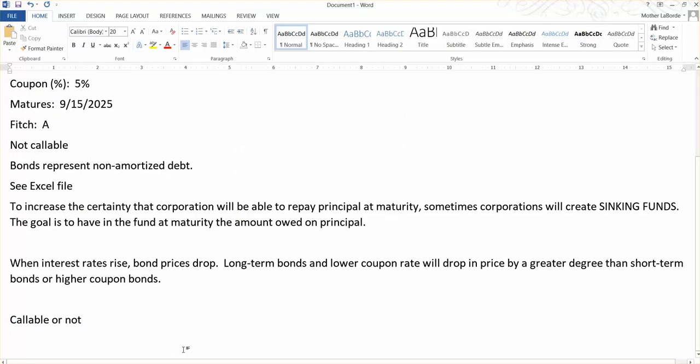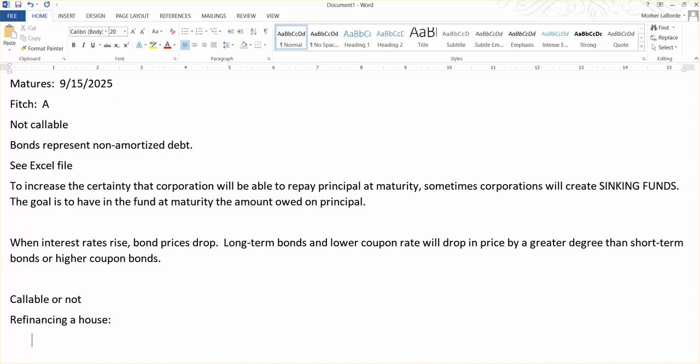Y'all probably have heard about refinancing a house. Let's say 5 years ago, which was 2010, I borrowed $300,000 to buy a house at a rate of, I'm just going to say 6%.